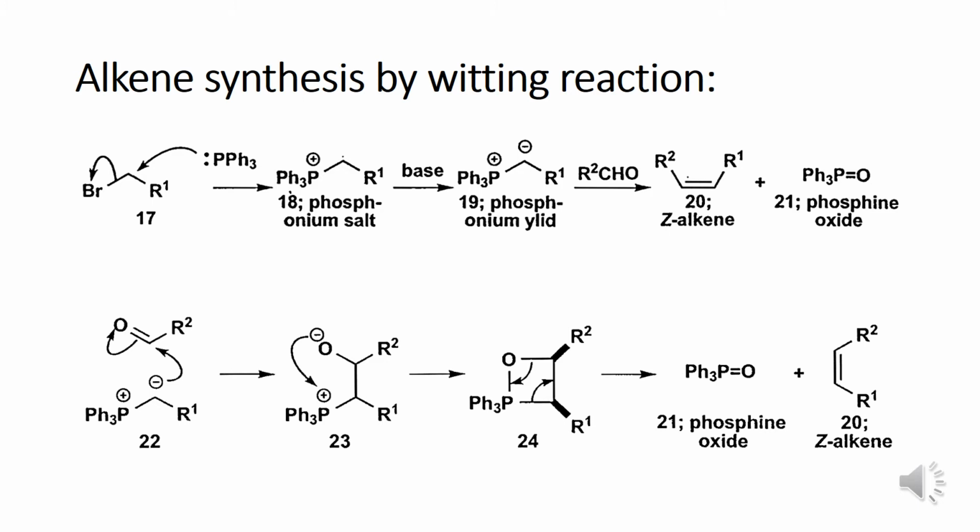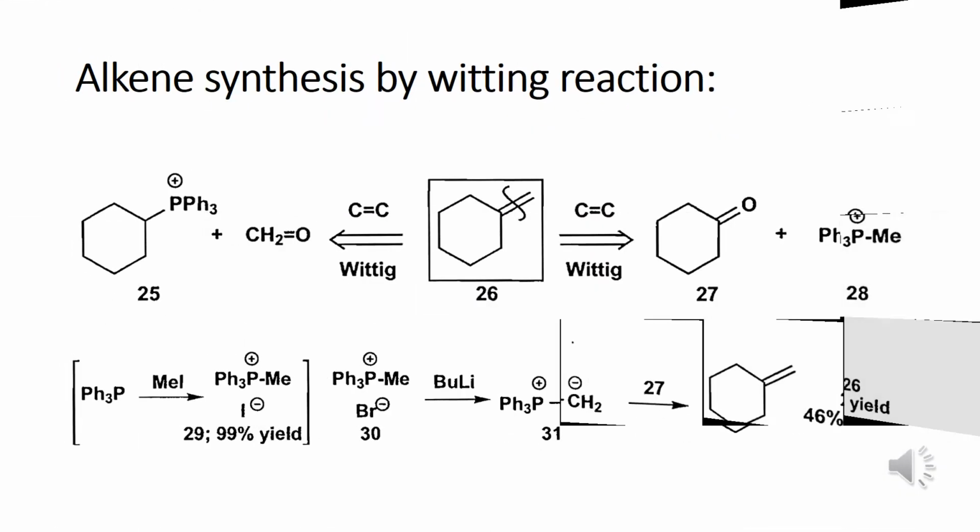There is no doubt about intermediate structure 24, nor that its decomposition must be stereospecific. So the Z alkene that you have seen in the earlier reaction, that is structure 20, is formed from the cis oxaphosphetane, that is structure 24.